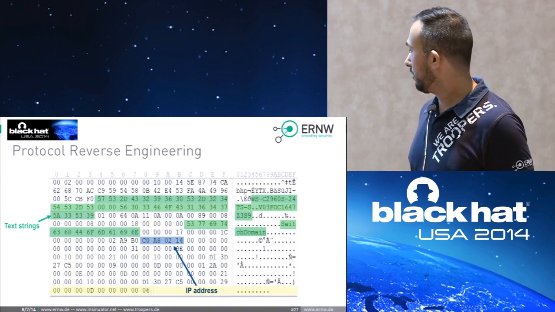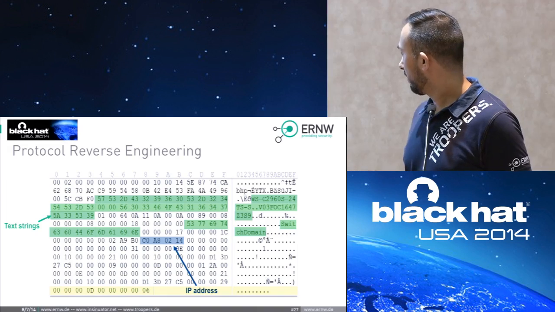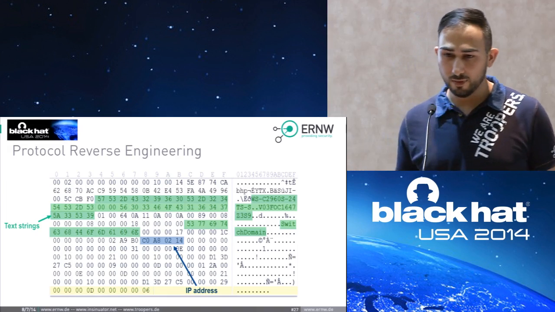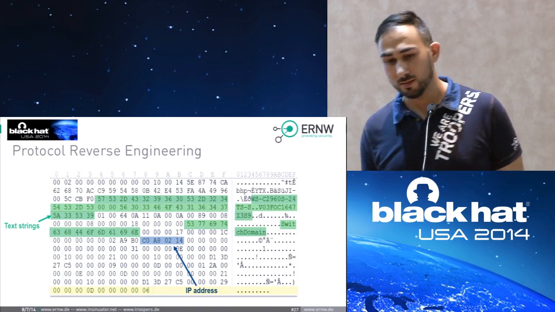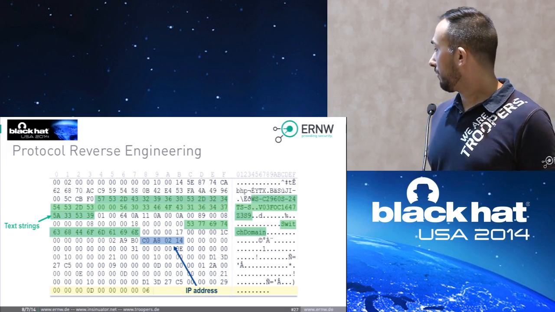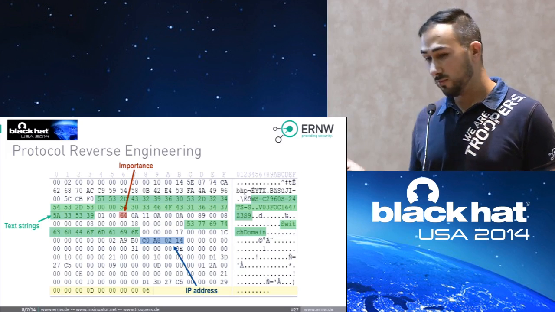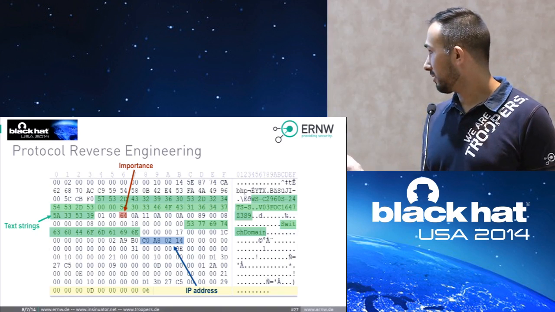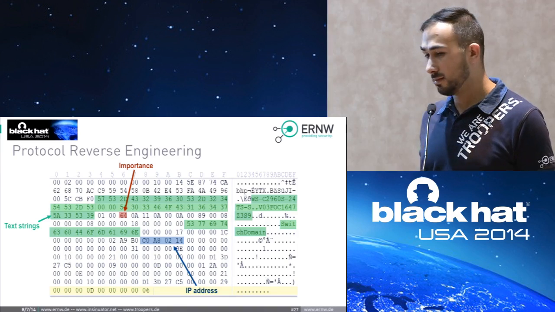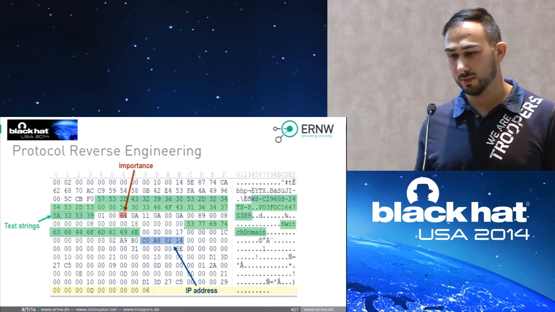And nearby the IP address, we have the port number of EnergyWise. The A9D0 is the port number of EnergyWise. After that, we try to find some Cisco EnergyWise parameters, which in this case, the importance of 100 is 64 in hex.